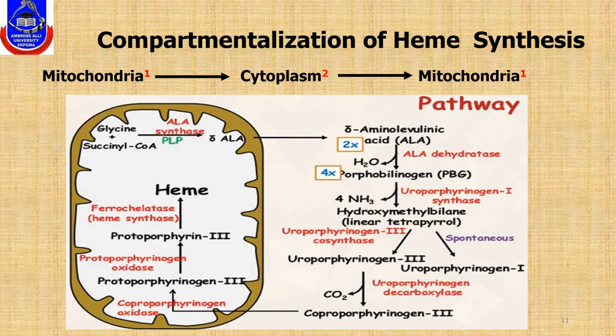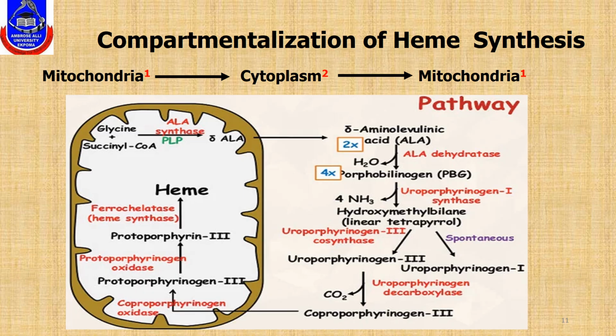Now, before we go into the biosynthesis of heme proper, we have to know certain facts about the synthesis of heme. It is compartmentalized, that is, from one compartment to another. In this case, the synthesis moves from mitochondria to cytoplasm and back to mitochondria for completion of the pathway.